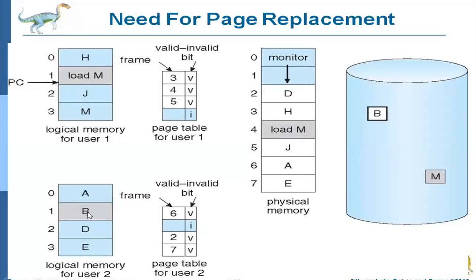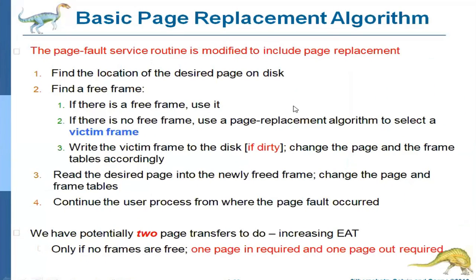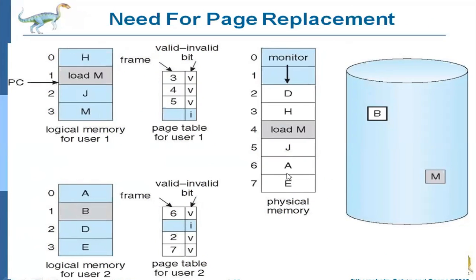But still, in this process B is there, but in main memory, that page is not there. So what happened here? The bit indicates invalid.